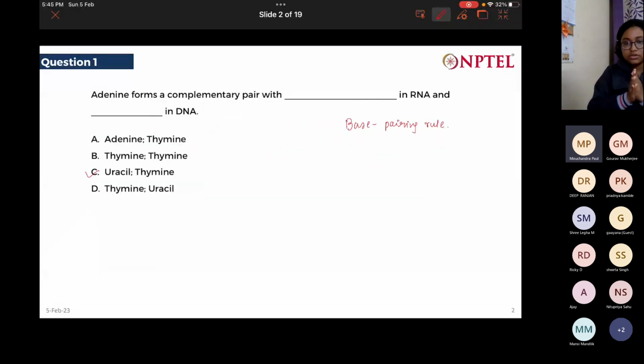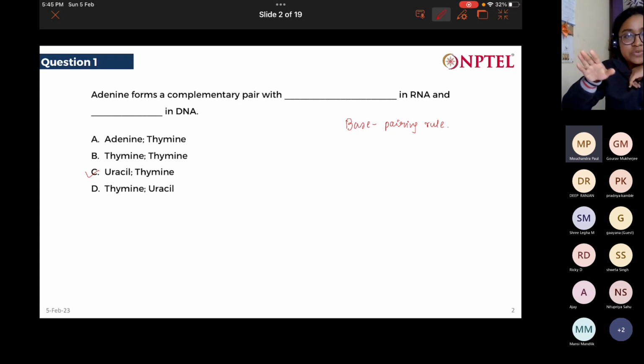So just quickly have a look at these questions. Question 1 is based on the base pairing rule in the DNA, right? Adenine pairs with thymine in DNA and adenine pairs with uracil in RNA. So using that concept, the answer here will be C. Could everyone understand that? Adenine cannot base pair with adenine.